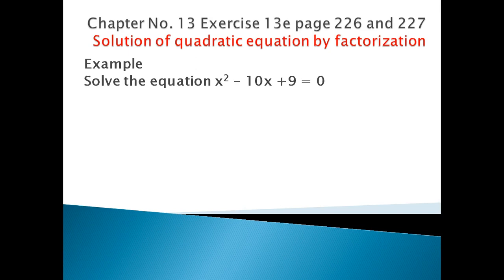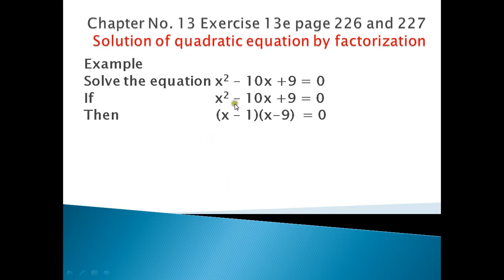So x square minus 10x plus 9 equals 0 is a quadratic equation. ax square plus bx plus c is the standard form of the quadratic equation. Now let's start the solution.